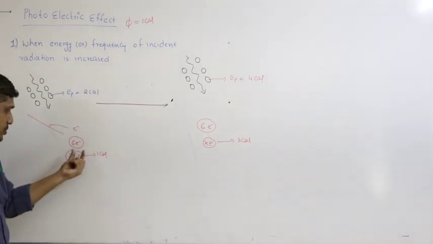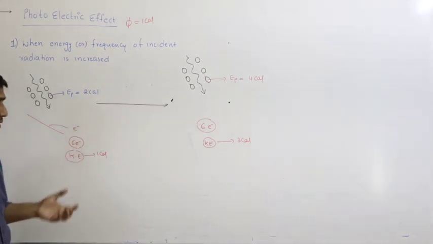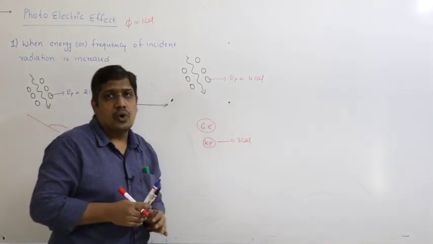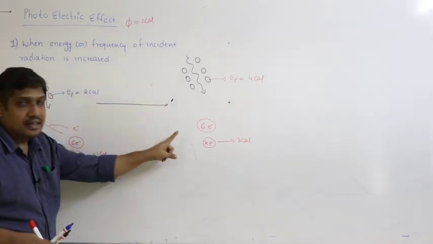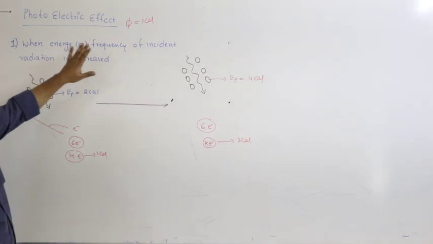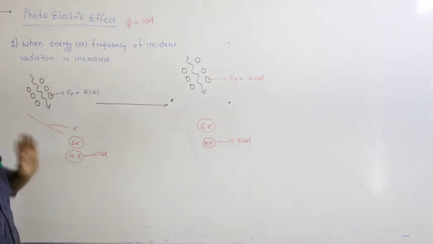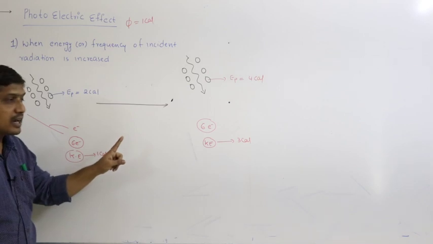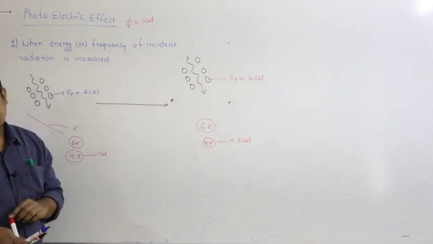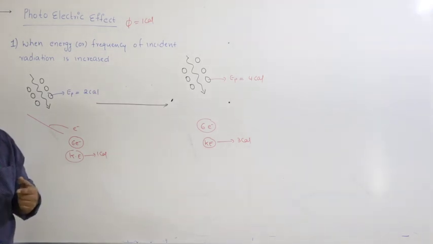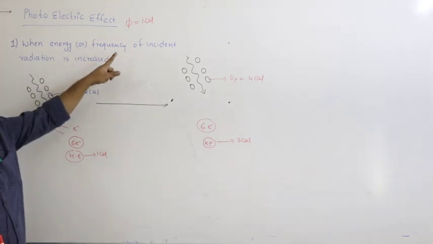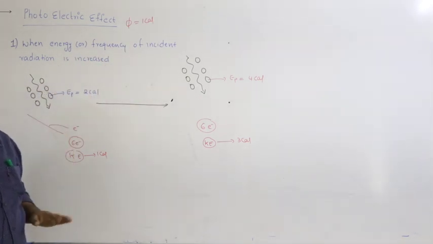Here 3 calories will be utilized to increase the kinetic energy of each photoelectron. So let us combine. When energy or frequency of incident radiation is increased, the number of photoelectrons emitted will not change, but their kinetic energy increases. So the kinetic energy of photoelectron is proportional to energy or frequency of incident radiation.